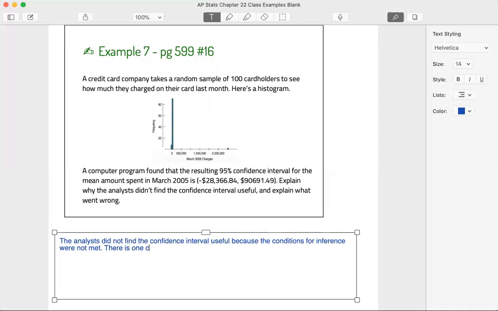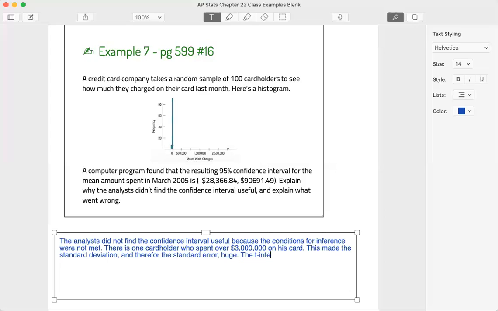There is one cardholder who spent over $3 million on his card. This made the standard deviation, and therefore the standard error, huge.